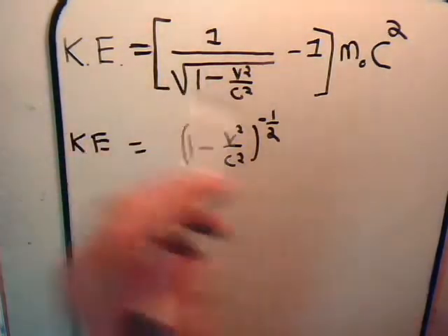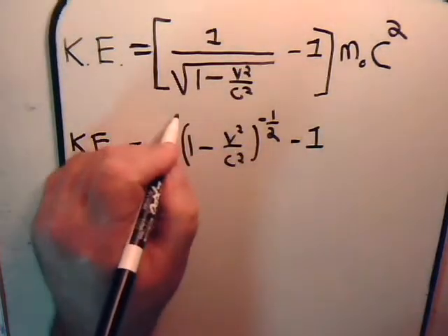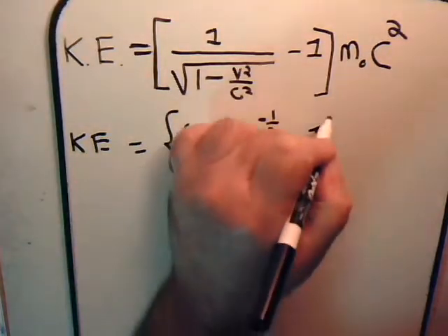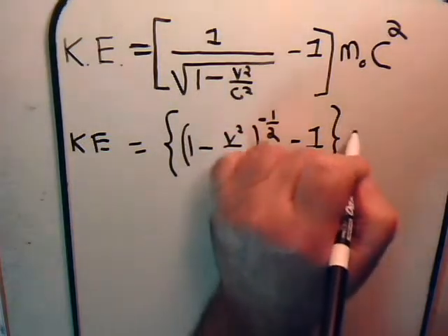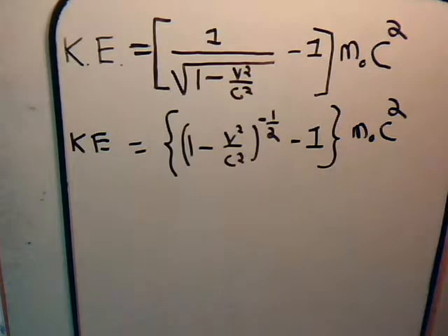That replaces this part. Then we have minus 1 times its resting mass multiplied by the speed of light squared.